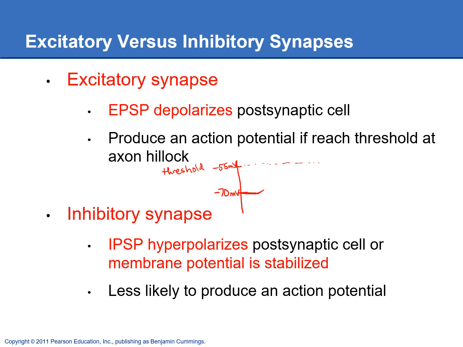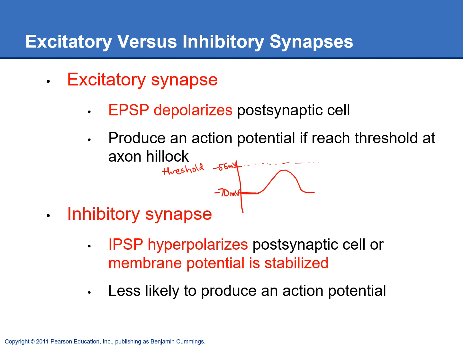So the membrane potential inside that postsynaptic neuron would get more positive. So we would reach closer to threshold, and that would be excitatory. And if we get a big enough EPSP and we do reach threshold, then we would trigger the action potential to start at the axon hillock.